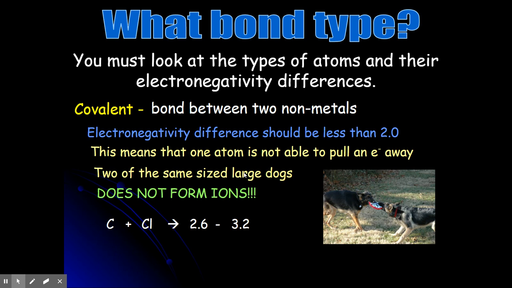When you find the difference between those, it doesn't matter if it's negative or positive. The difference between those two is 0.6, which is definitely less than 2. So in this case, even though chlorine's more electronegative than carbon, it's not significantly more electronegative, so it doesn't pull the electron to it, and carbon doesn't lose the electron to chlorine.